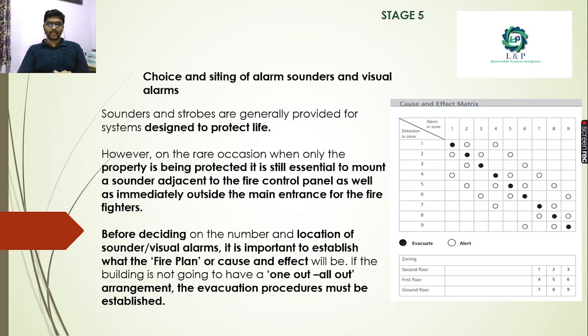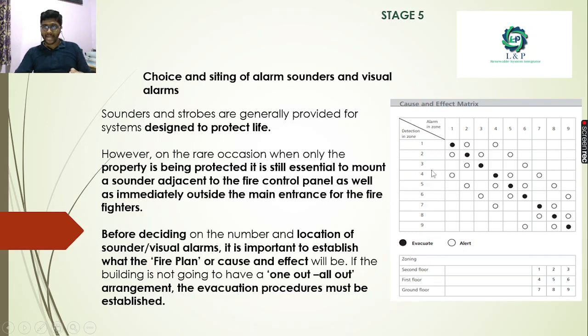Before designing the alarm sounders and the visual alarms, the most important document that we should create is the cause and effect matrix. Simple. This can be a cause and this can be an effect. For example, if we have 9 detection zones, we can classify those zones.